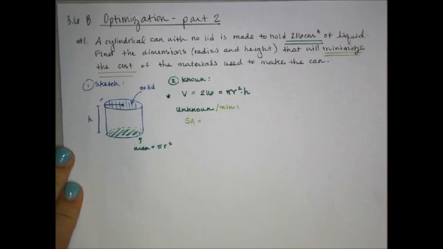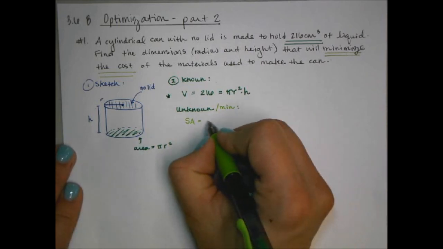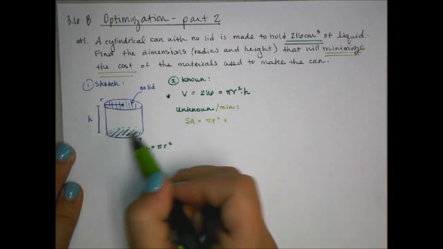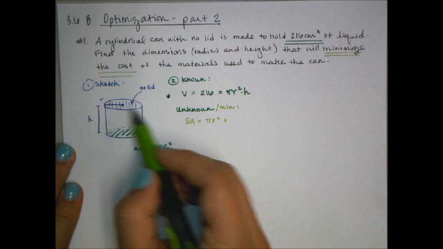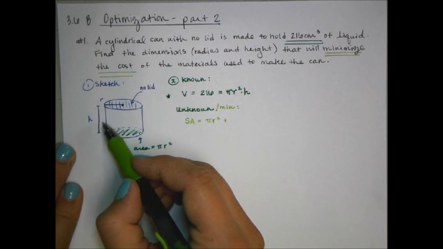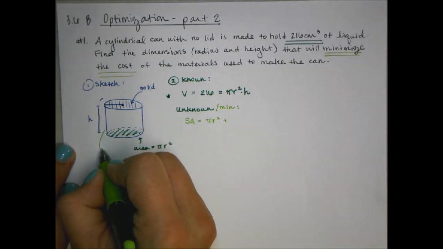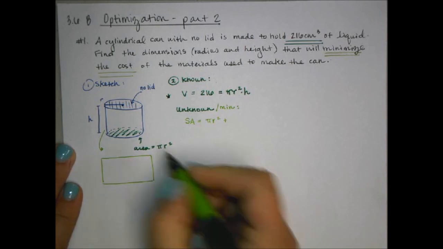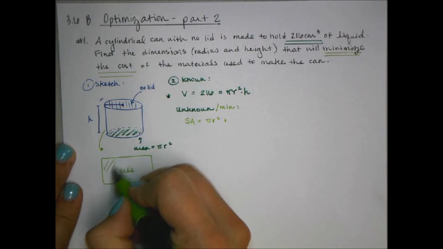So we're going to write out what the surface area is here. So the base area, pi r squared, we already know that one, plus the surface area of the side. So we know that if we were to take a cylinder, take off the top and the bottom, cut down the side and unroll it, we would end up with a rectangle. So this is the siding of the can.